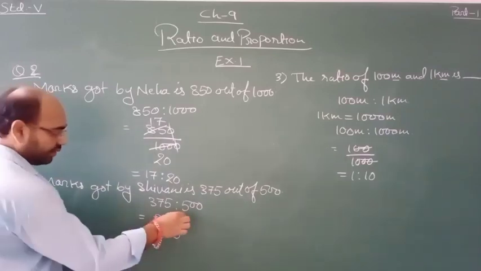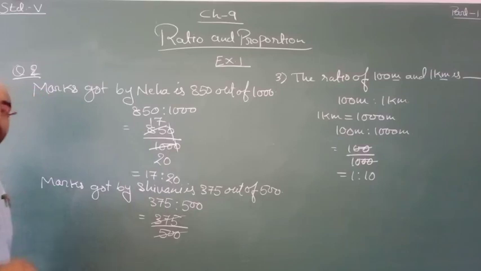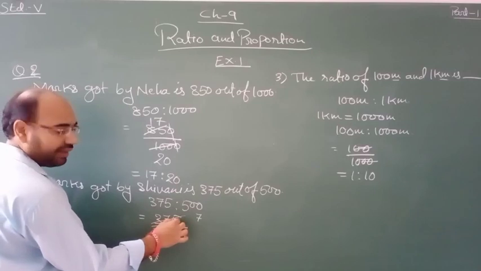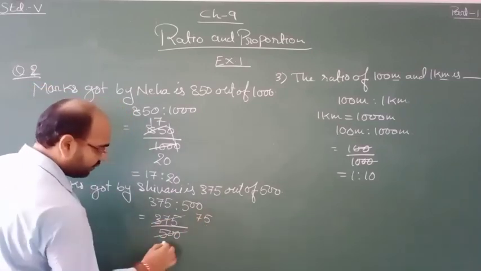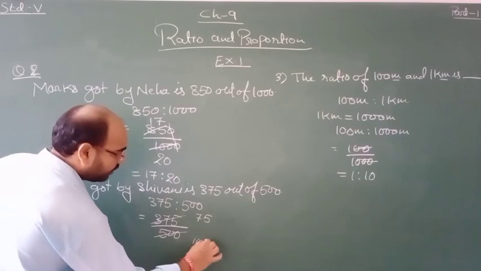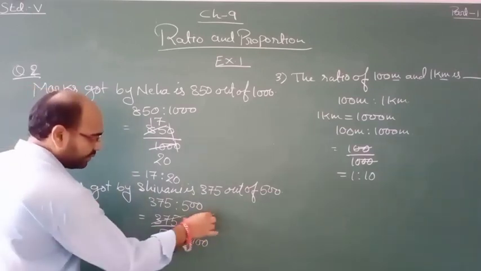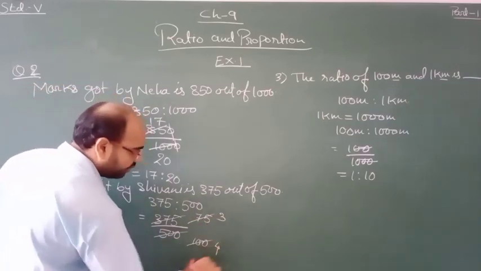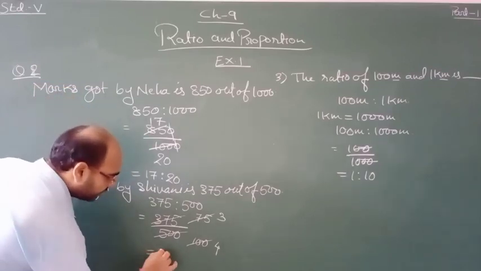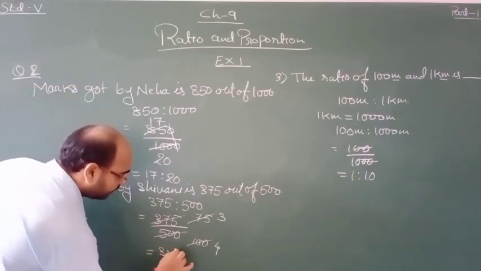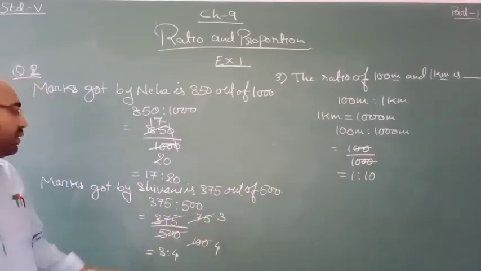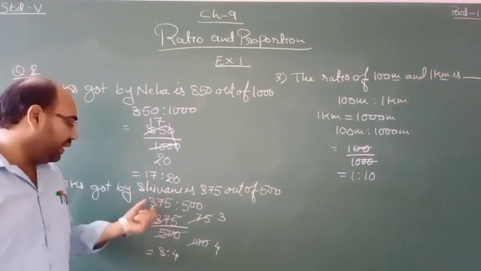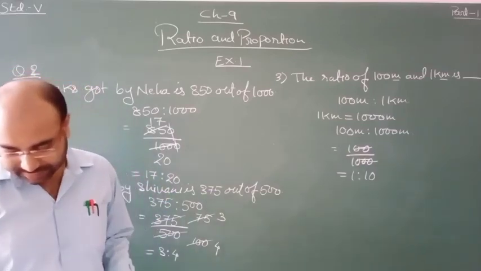Now both can be cancelled by 5. So 5 7s are 35, 2 and 5 25. Again 5 5s are 25. It will be 500s are, both are cancelled by 25. So 25 3s are 75 and 25 4s are 100. So our answer comes that is 3:4 will be the ratio for Shivani, and for Neha it is 17:20. So this is how we have to do the sum.